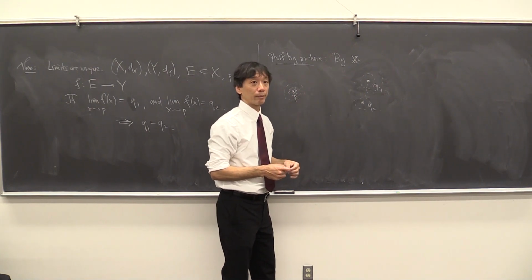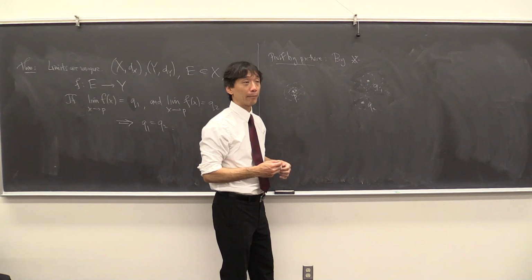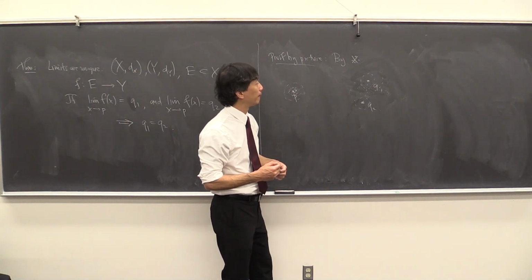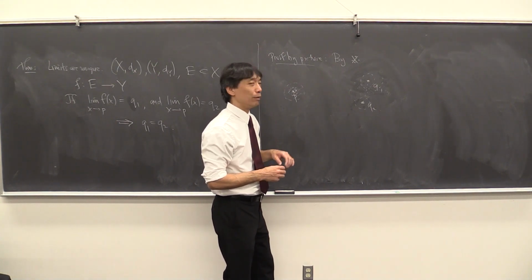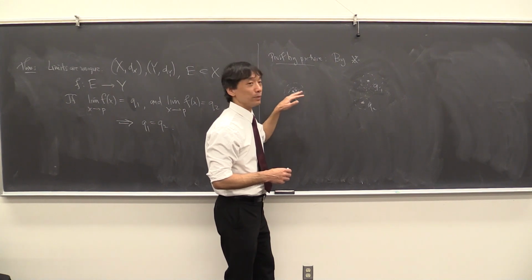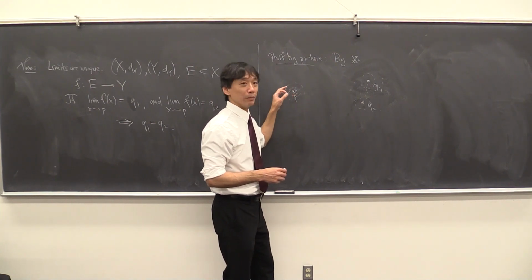Yeah? Is this sort of related to one-to-one correspondence, how points in a map can only go to one value? No, not quite. It really has to do with the definition of the limit.